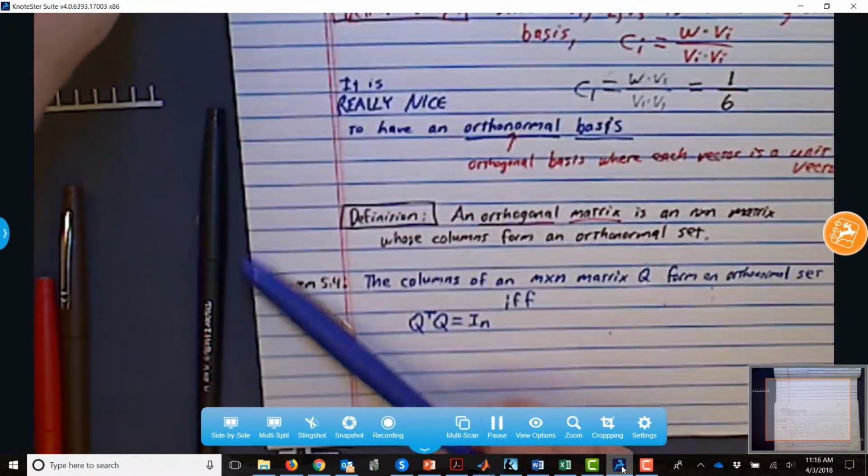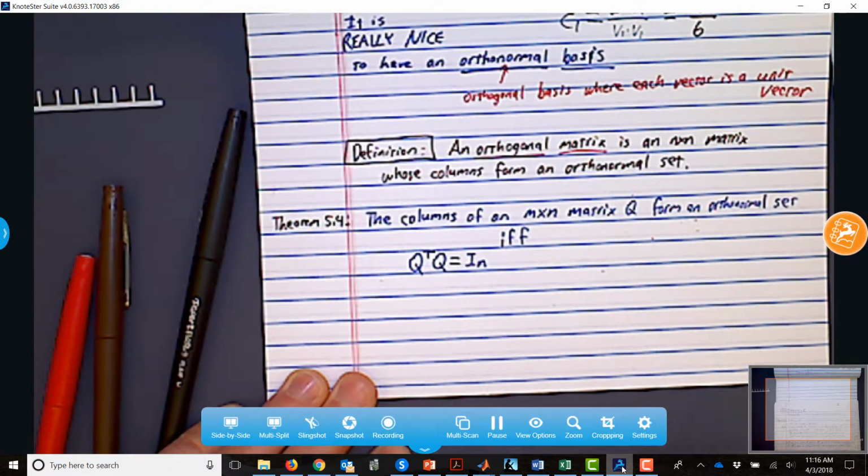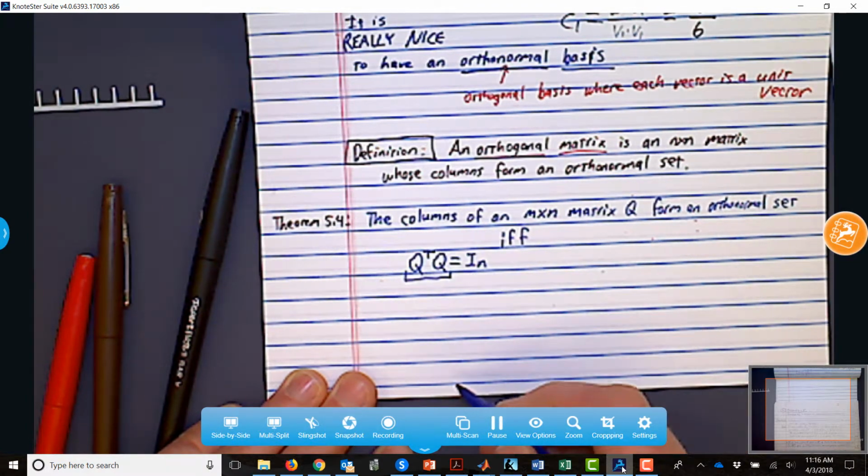Here's one proof. You see this matrix? What size is it going to be? N by N, right?